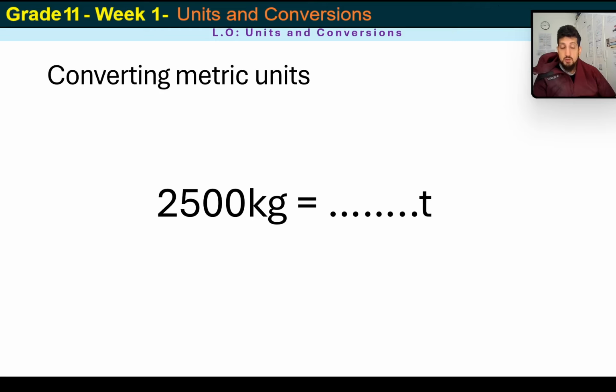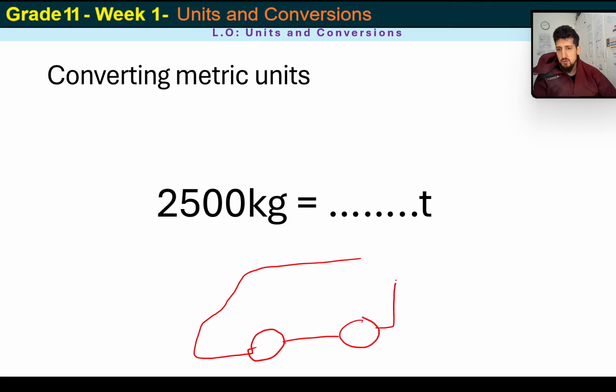So you should know that 1 ton, let's say for example you have a van. Here's a van. It's really hard to draw on these. Okay, right. It's really important for me to add the details, obviously, as you can see.